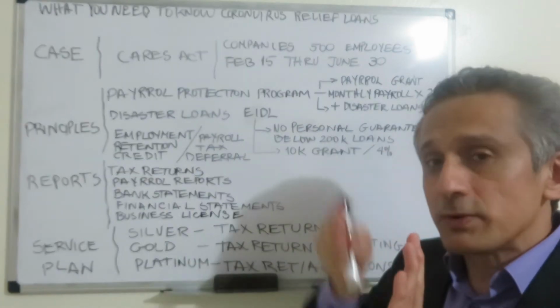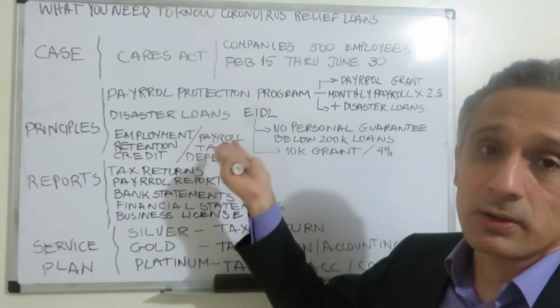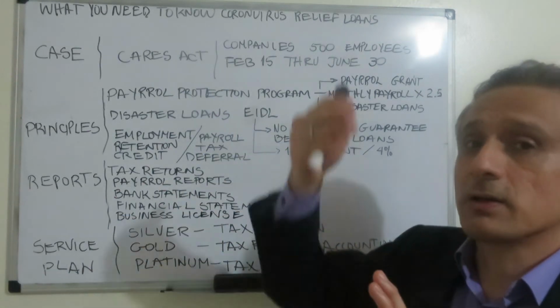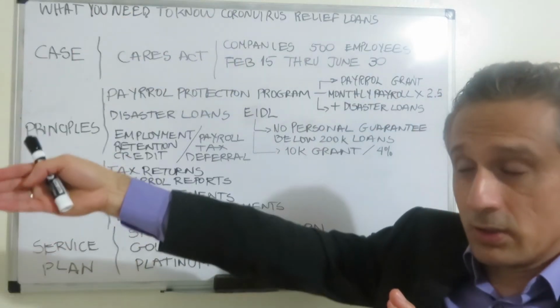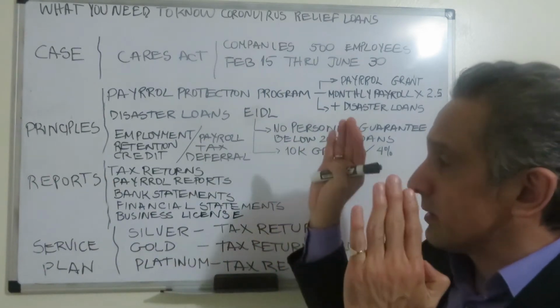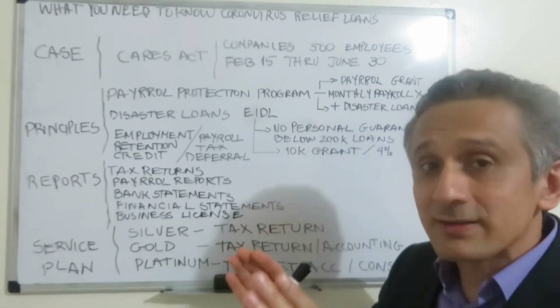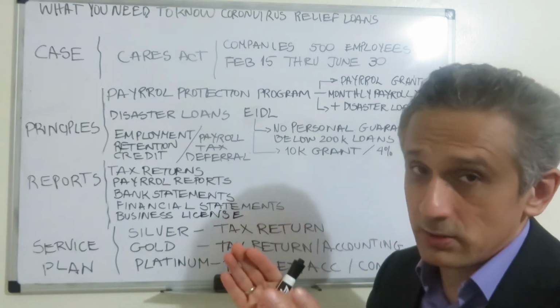That's the only portion that you can take as a retention credit or as a deferral. 50% of the employer FICA, which is Social Security and Medicare, will be deferred to December 31st, 2020, and the other 50% to December 31st, 2021. This is only for the portion of payroll taxes that, as an employer, you are supposed to pay.